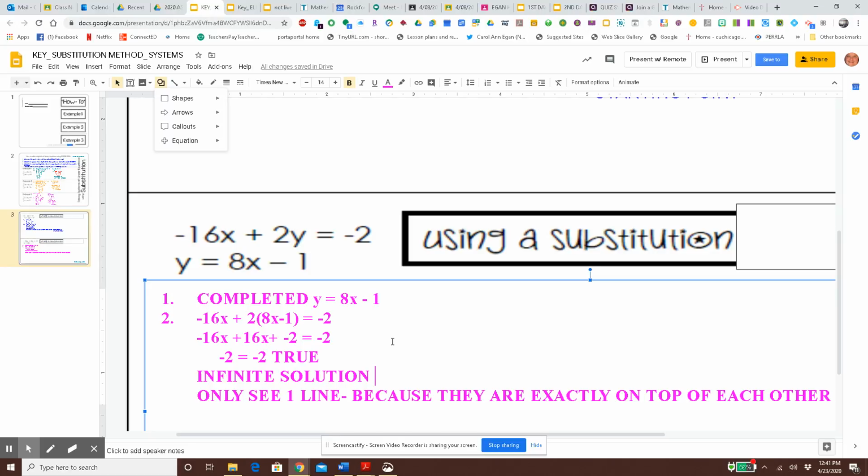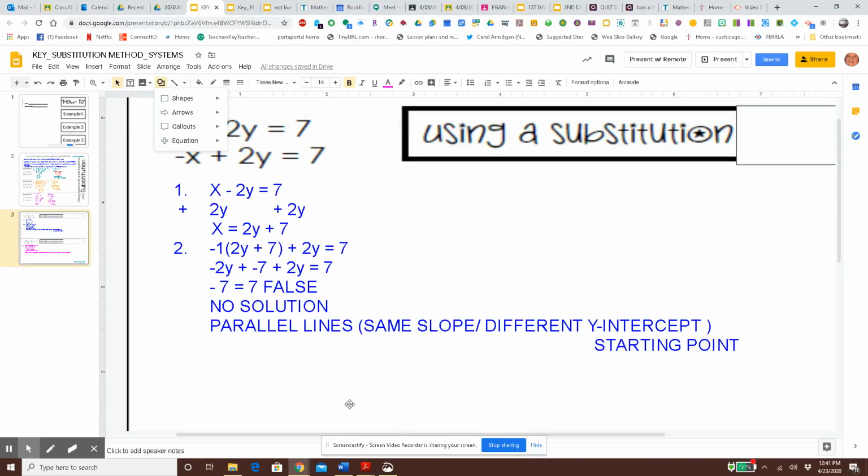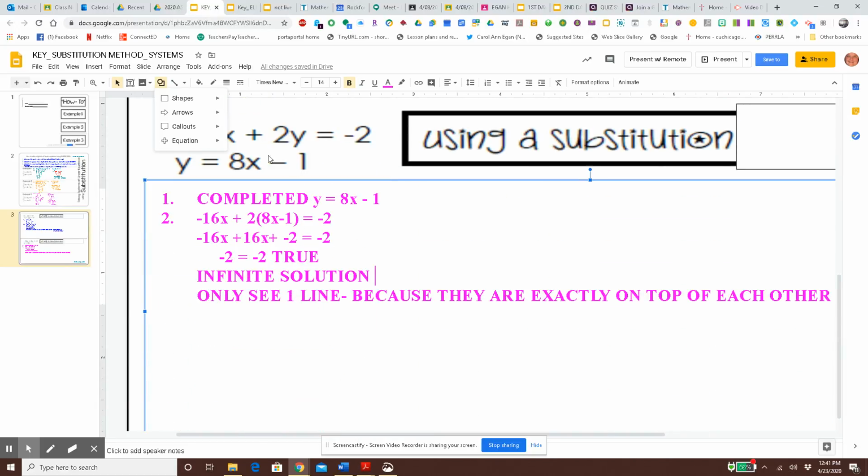Or you're going to have a scenario where maybe everything's equal, where your variable terms will drop out and you'll have a true statement that's infinite. Or your variable terms drop out and you have a false statement, and that's no solution, meaning that those lines would never cross over, right? They don't have any answers in common. So if you have questions, please let me know.